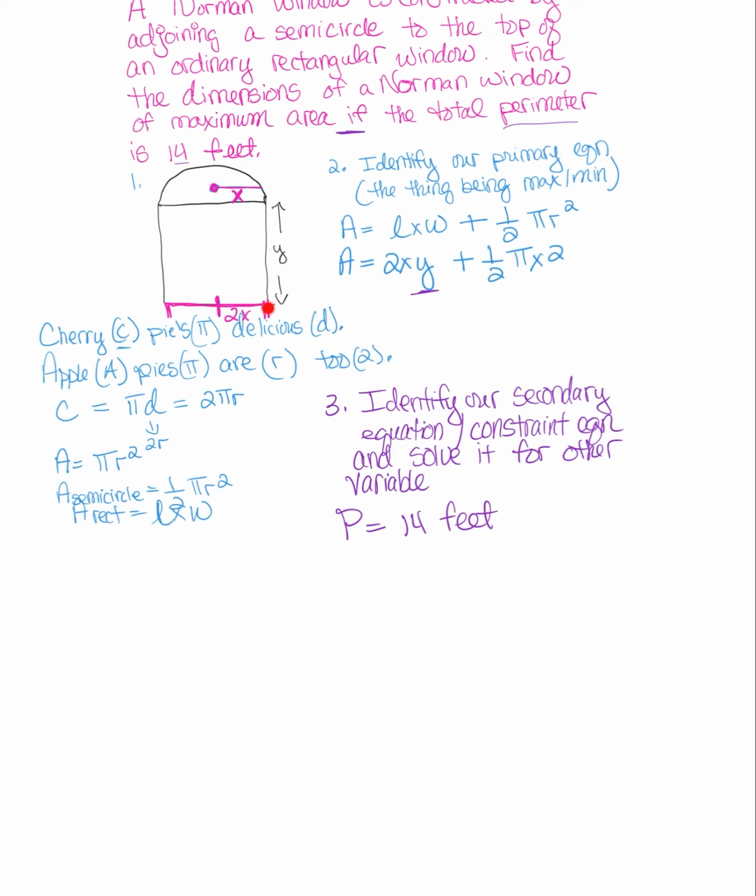For a rectangle, we would normally say this way, this way, this way, this way, but all you want for perimeter is how much you have to go around on the outside. So this guy isn't going to count. For our perimeter, we're just going to do right here, and right here. So we know that the perimeter for the rectangle part is going to be 2 of those y's plus 2x.